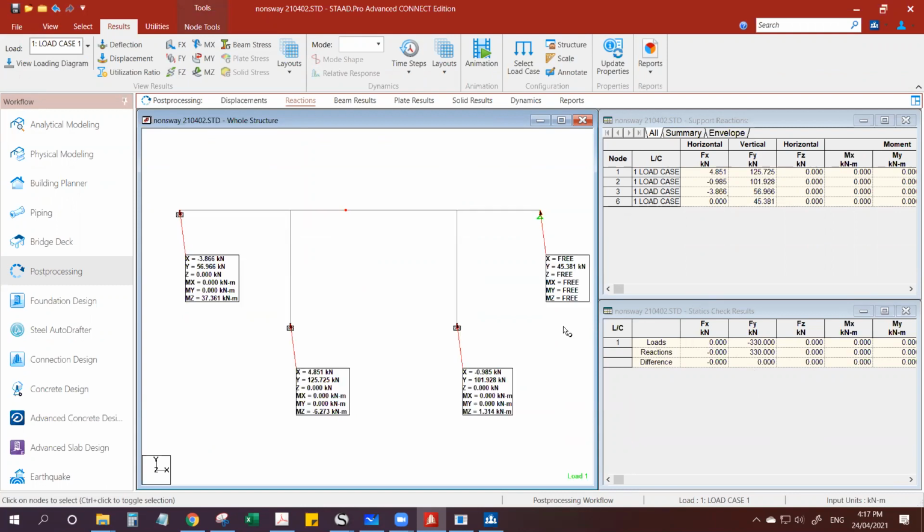So we have 37. Let me check. Yeah, so we can expect a discrepancy because again, in actual, there's a displacement.